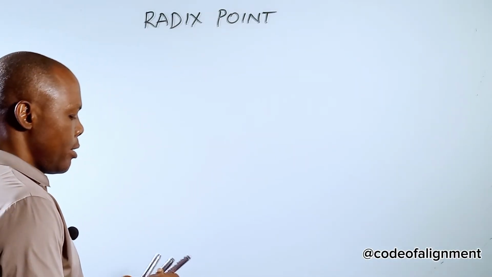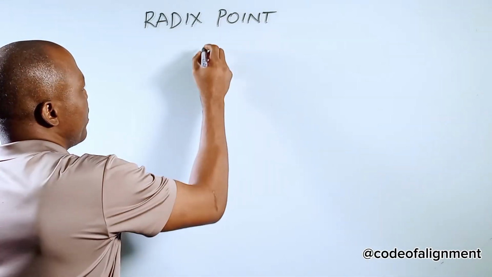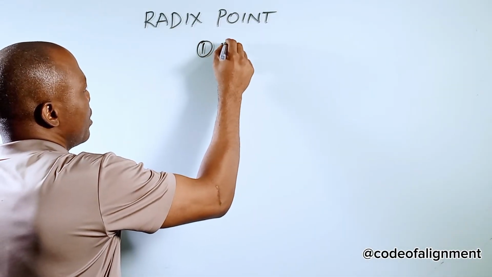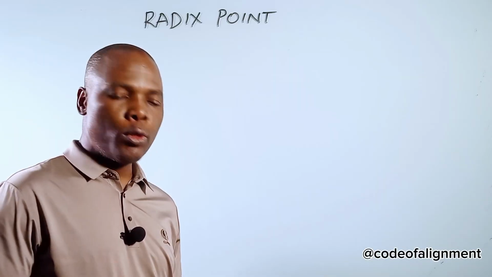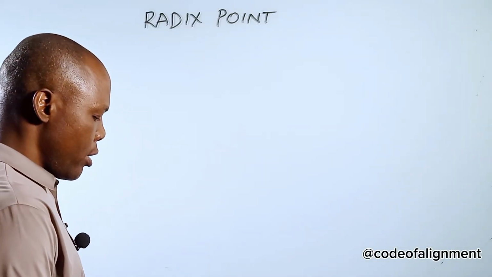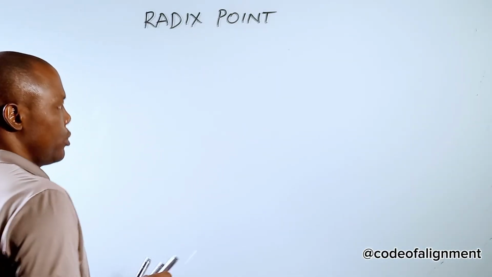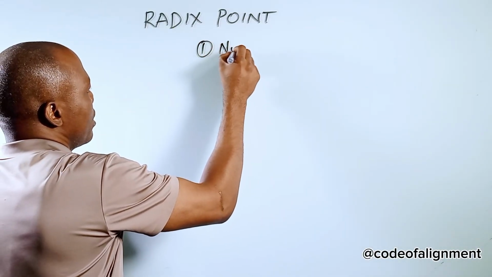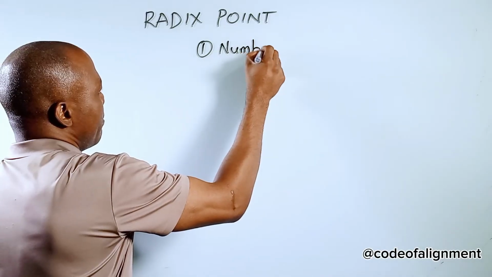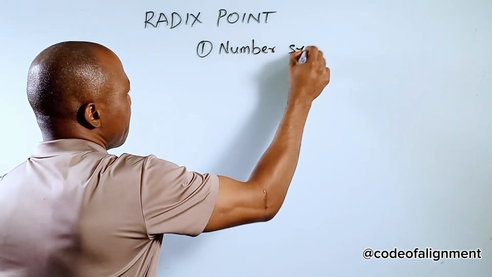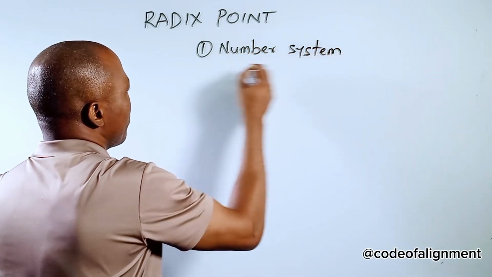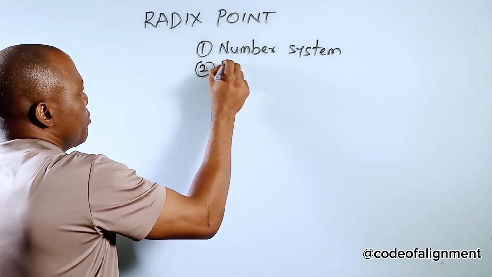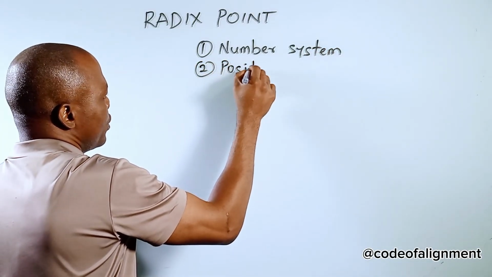Today we want to discuss radix point. In the last class we discussed hexadecimal. So far we have done number systems, positional systems. We have done one number system, we've done positional system.